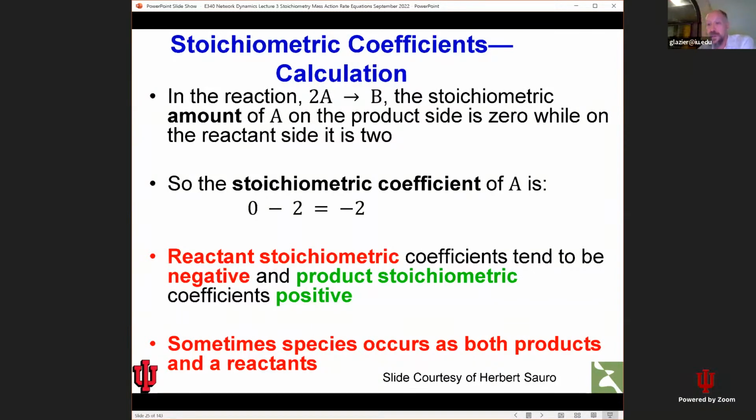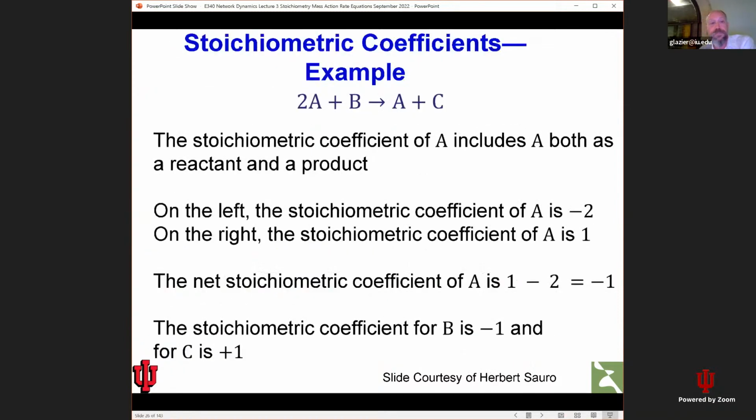One reaction destroys 2 A's. The stoichiometric coefficients of the reactants are usually negative, since I'm using them up. Stoichiometric coefficients of the products are positive. Again, you can have things on both sides that make things a bit more complicated.